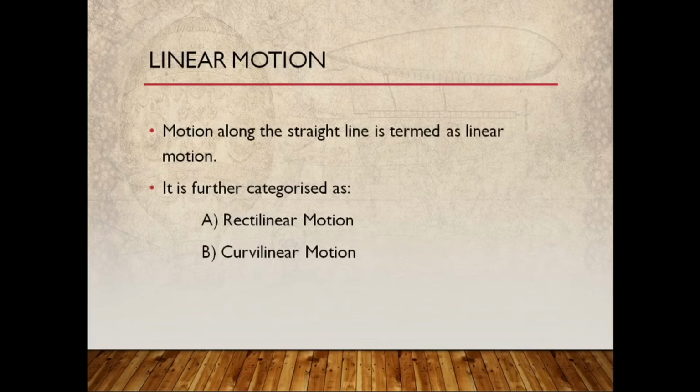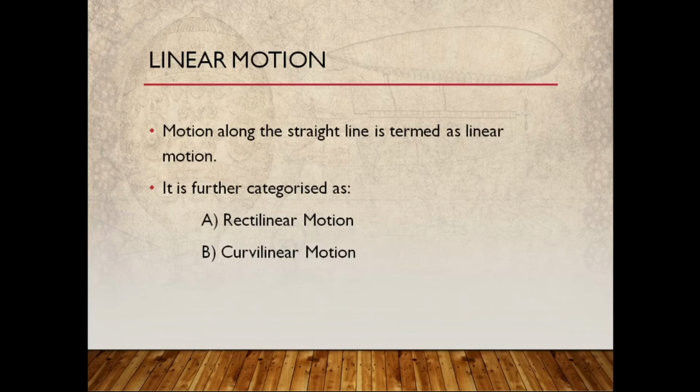So the motion along a straight line is termed linear motion. Understand? When anything is moving in a straight line, not changing its direction, it is said to be in linear motion. Fine? Now, it is further categorized as rectilinear motion and curvilinear motion.